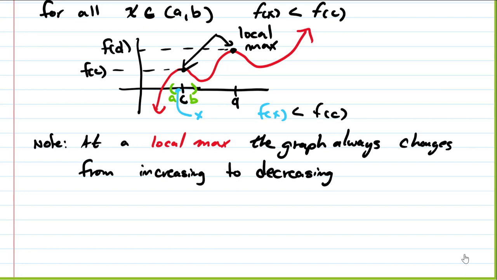So you notice at each of those local maximums it was going up, it turned around and started to go back down. When it changed from increasing to decreasing, we had a local maximum.